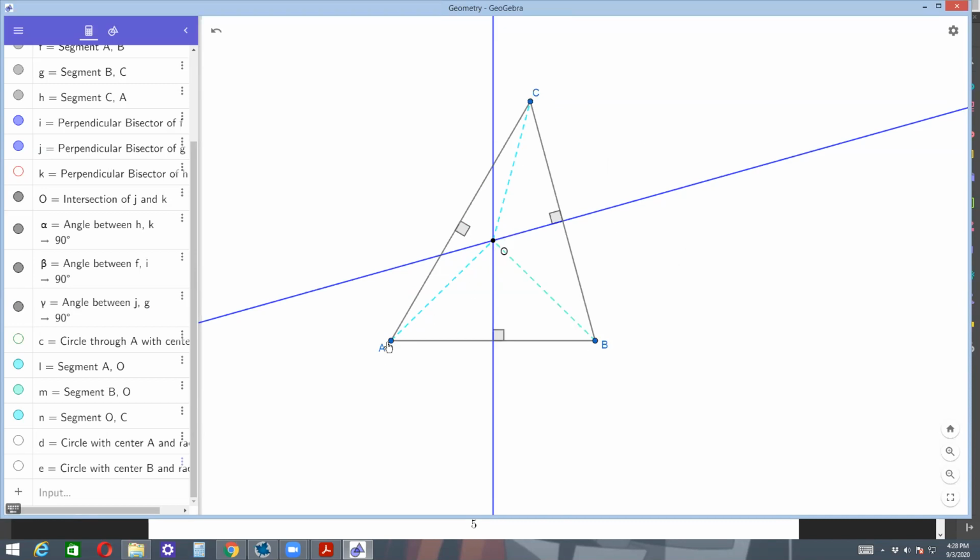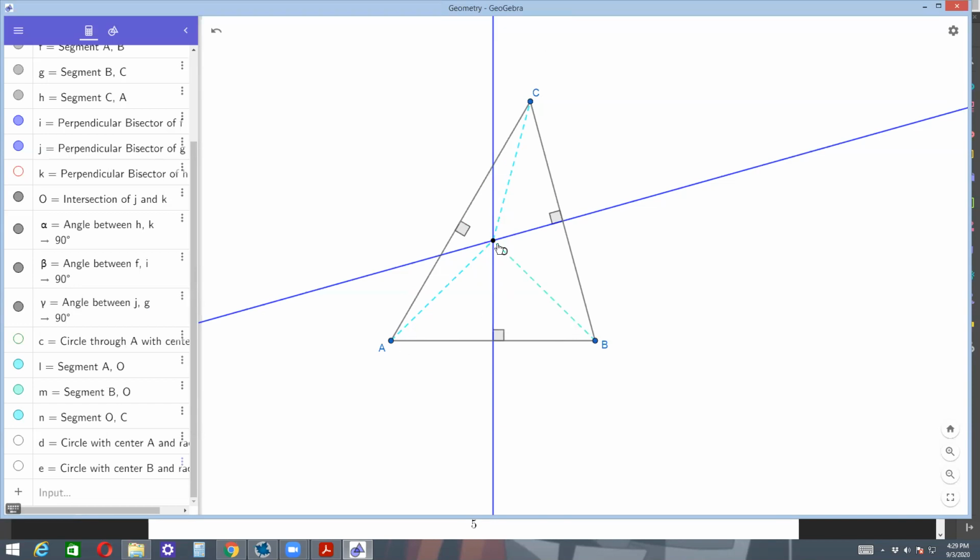So we're going to try to use that fact. I've connected AO, BO, and CO. Now notice that O lies on the perpendicular bisector of AB. Any point on the perpendicular bisector of a line will be equidistant from the 2 endpoints, meaning that AO must be equal to BO because this is a perpendicular bisector.